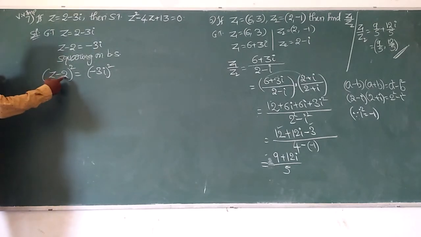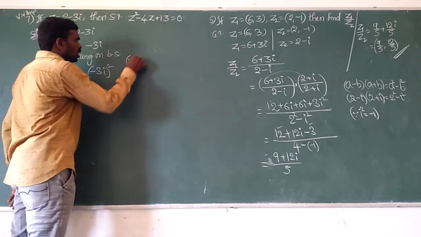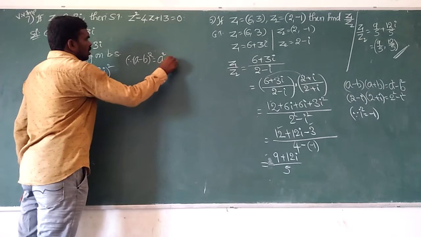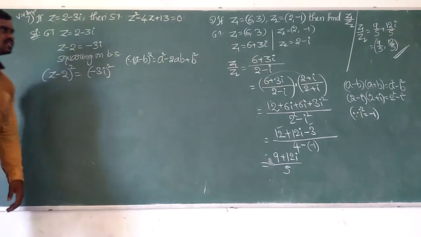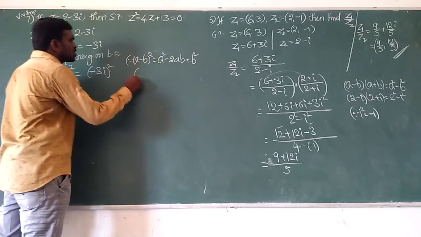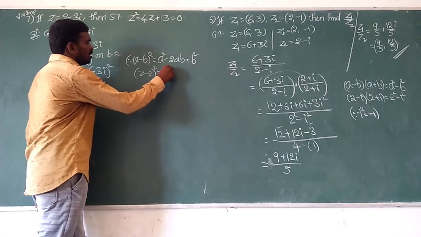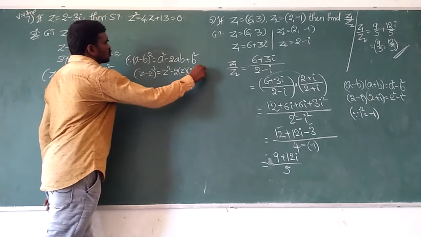So z minus 2 whole square equals minus 3i whole square. This is the form a minus b whole square, which is a square minus 2ab plus b square. So z minus 2 whole square is z square minus 2 into z into 2 plus 2 square.